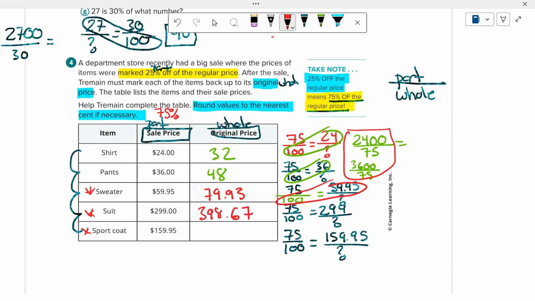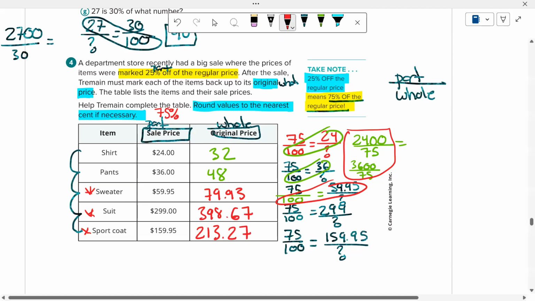So make sure you read about the rounding. This is going to be $213.27. So I'm looking for those three: sweater, suit, and sport coat, your work, just like I've written it. You can use a calculator for the answers, no problem.